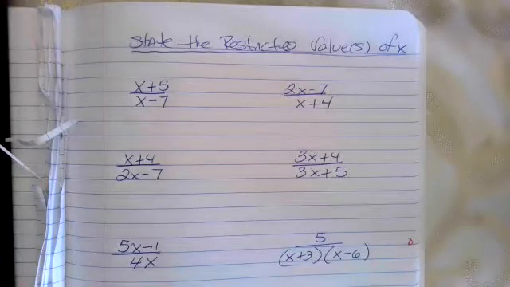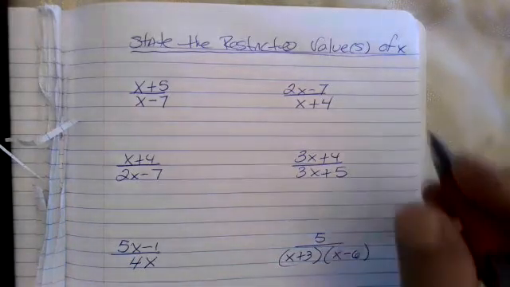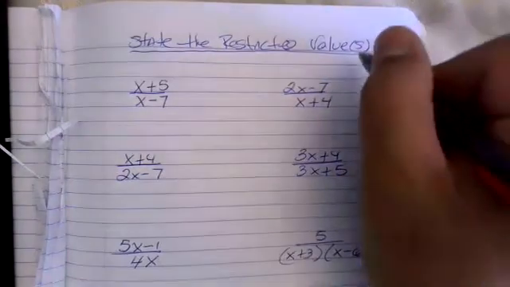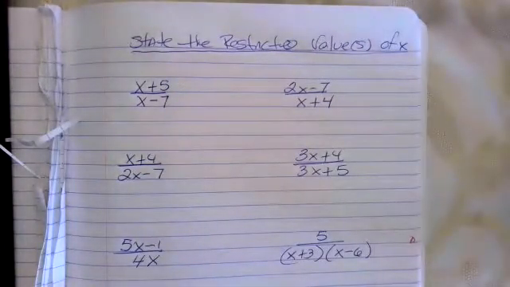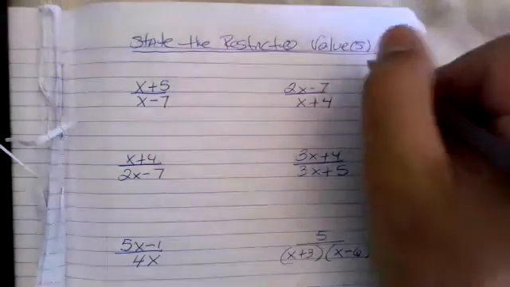So here are some examples that you could try. It asks you to state the restricted values of x. So let's just remember, in order to state the restricted values of x, all you have to do is set the denominator equal to 0 and then solve.